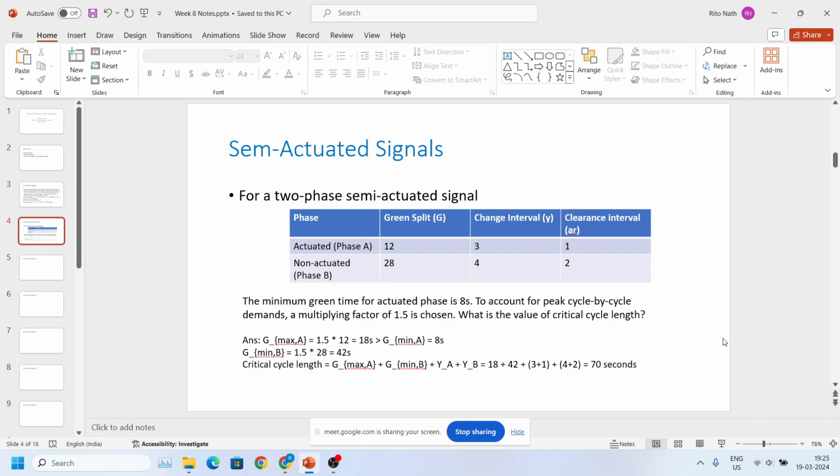See if this is it. 63 plus 8. Yeah, so one of them will be the correct answer. So the options are fine.